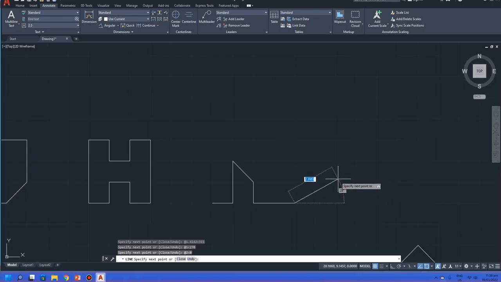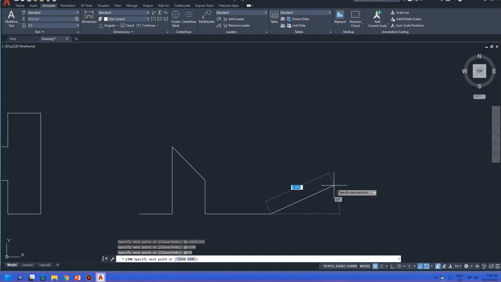Let me just do another experimentation. Okay, distance is 2.8284. 2.8284.